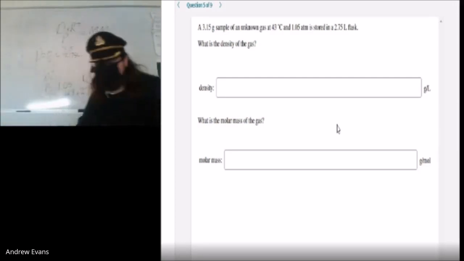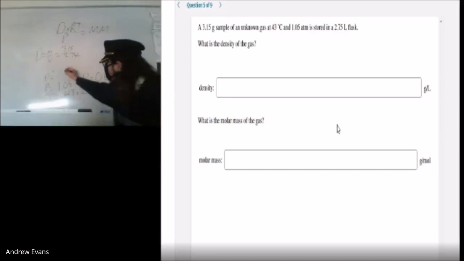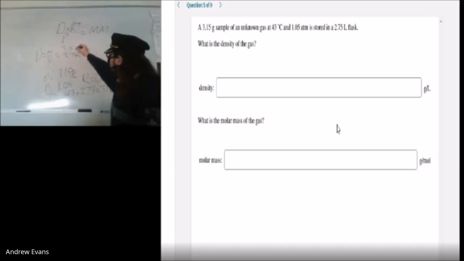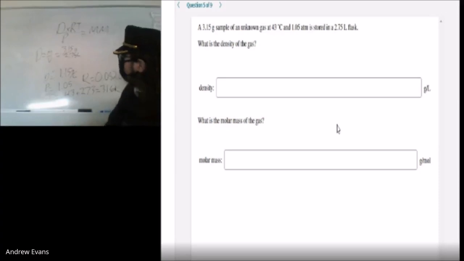And we're going to be able to get our density. So 3.15 divided by 2.75 gives us a density of 1.15 grams over liters. Because this was grams, that was liters, grams over liters.